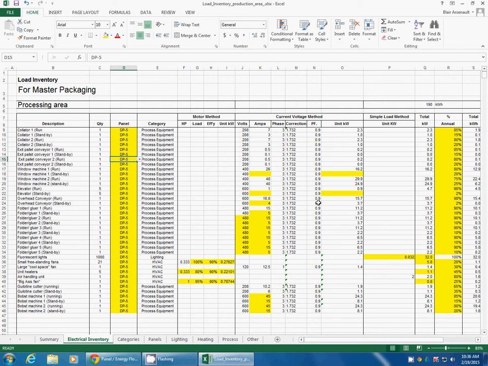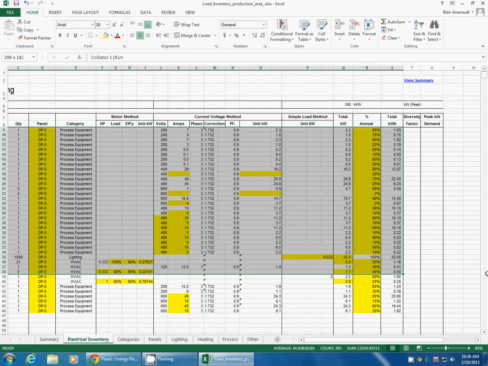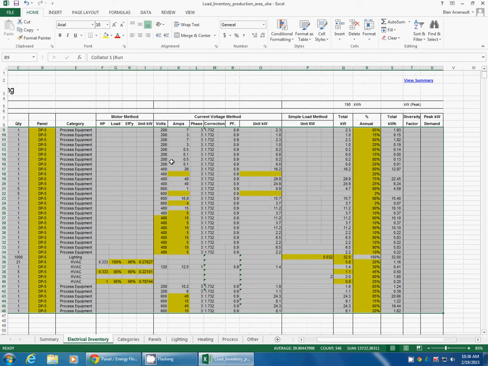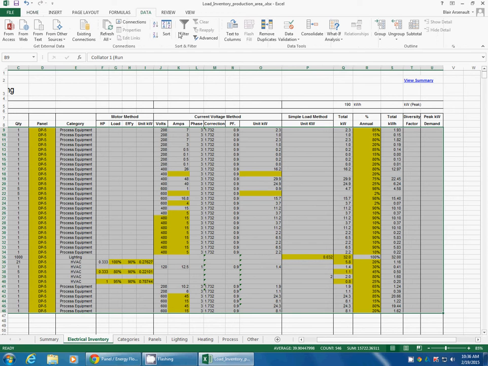The reason we went this way, if you remember, and we talked about this last Tuesday, I guess it was, is that we could have done this a number of different ways. We went this way so that we could have all the information in one spot. When it comes to determining your panel, when you get your Dent data logging, I can take all of this equipment and go to Data and Sort.